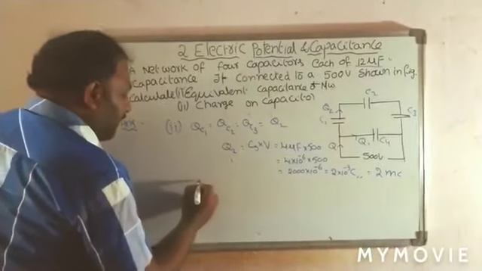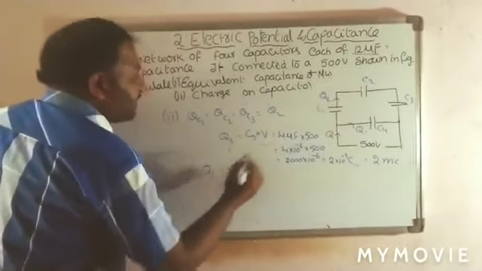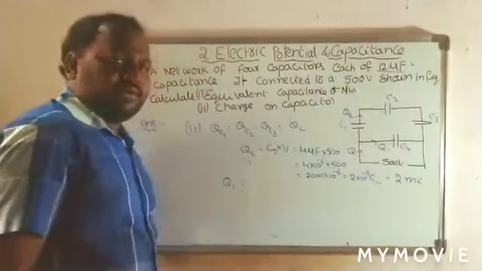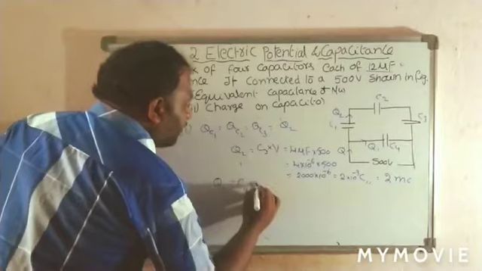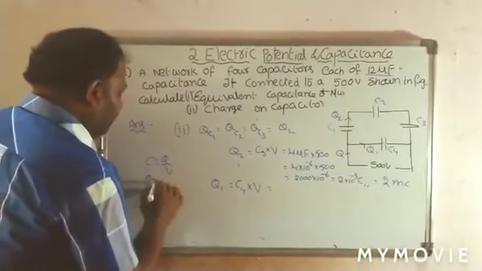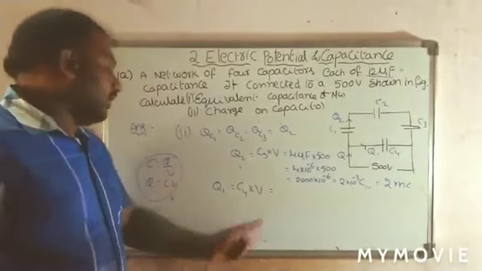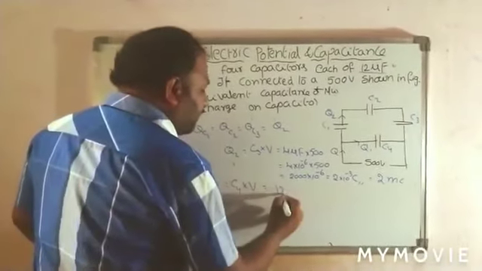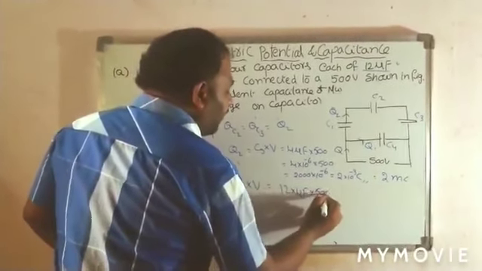Now we are going to calculate the charge in capacitor C4. The charge in capacitor C4 is C4 into V. We know that C is equal to Q by V, so Q is equal to C into V. This simple formula can be used. Now C4 is 12 microfarad into 500.